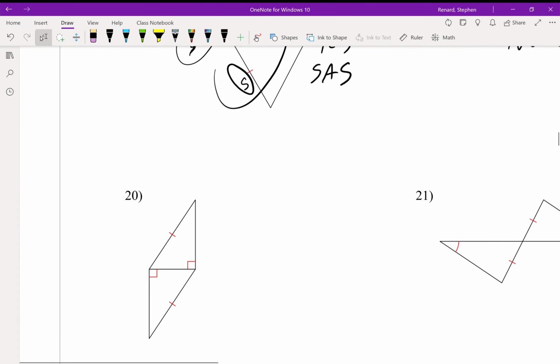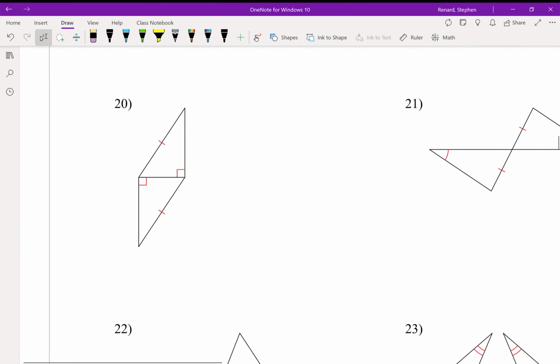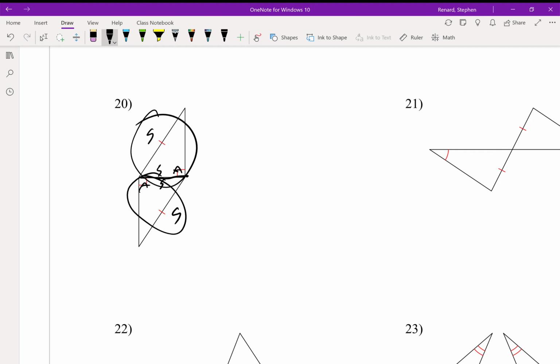Okay, so here, number 20, we have a side and a side. We have the shared side right here. So that's a side and a side. And then we have an angle. Now normally we go, uh-oh, SSA, that doesn't work. But here, these aren't just any sides, guys. These are special sides.